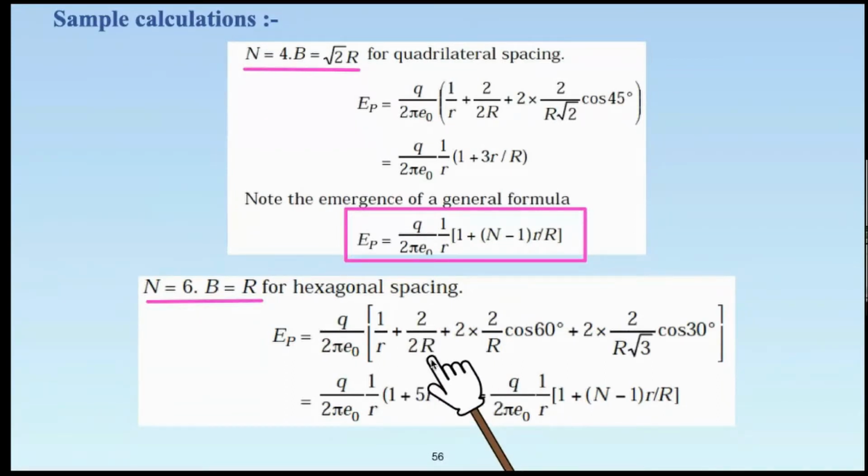And then plus 2 components, oriented at cos of 60 degrees for hexagonal spacing, and then 2 components located left and right at an angle of 30 degrees. So that is the idea.